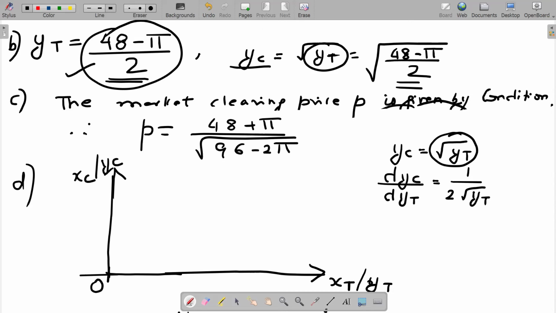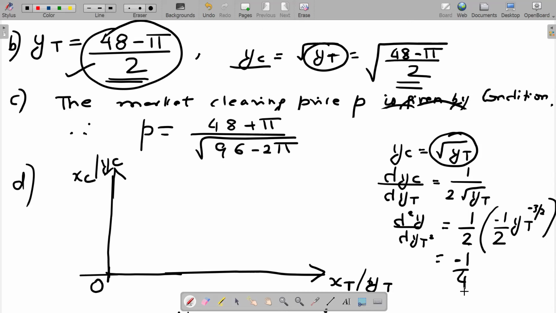And if I take the double derivative, you can clearly see it's going to be minus half times half times YT to the power minus 3 by 2, which is minus 1/4 YT to the power 3 by 2, which is negative. That means my production possibility frontier is concave.